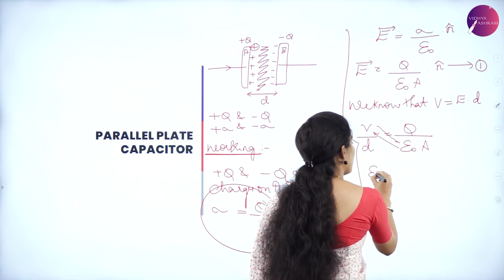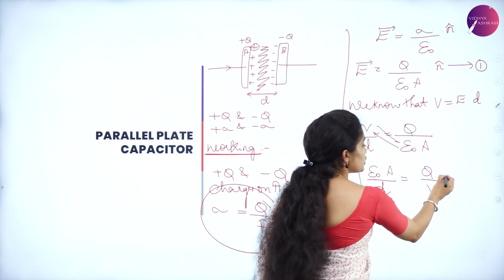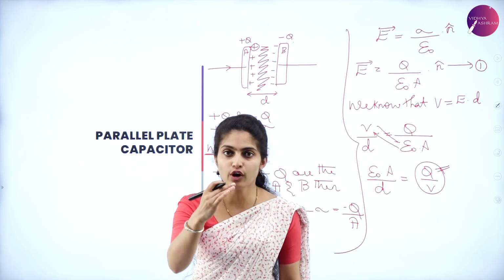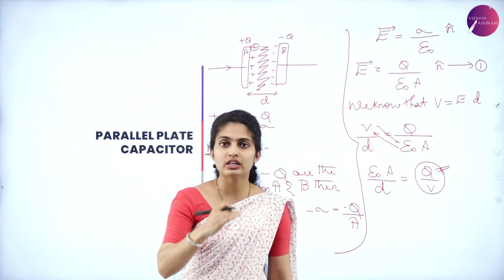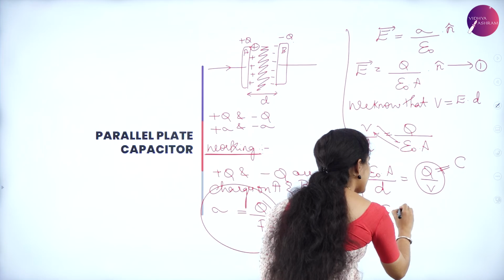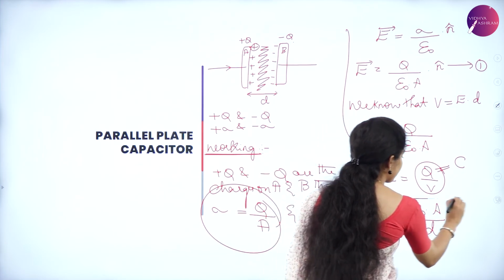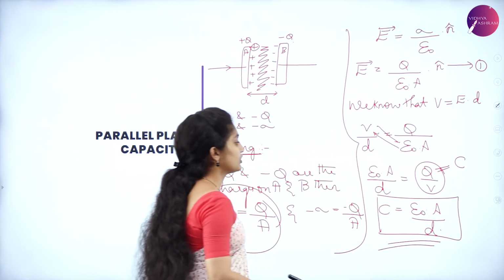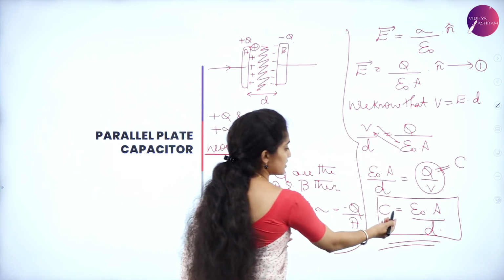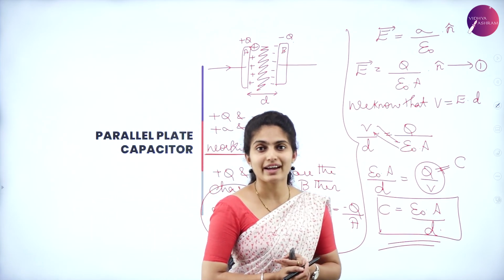So we have epsilon naught into A divided by D is equal to Q by V. So what is Q by V? As we have studied earlier, it is the ratio of charge to the rise in potential. That is nothing but the capacitance. So C is equal to epsilon naught into A divided by D is the capacitance. So for a parallel plate capacitor, the capacitance is given as epsilon naught into A divided by D.